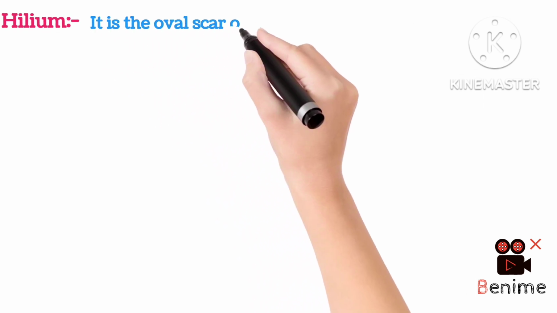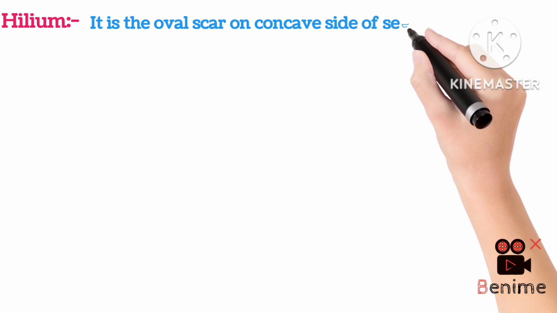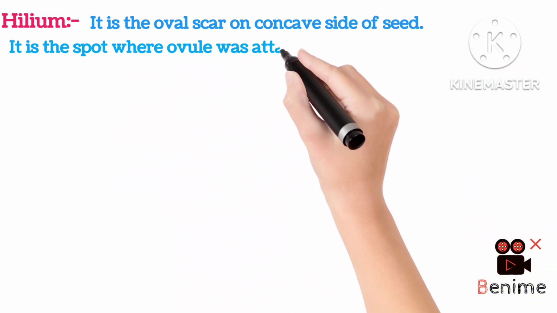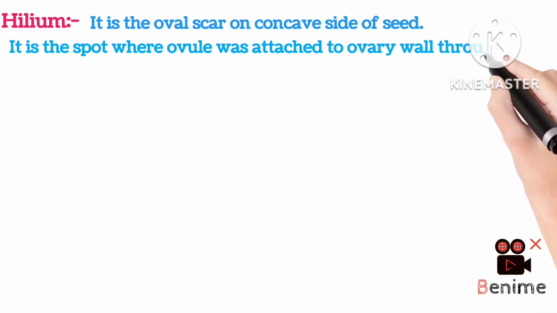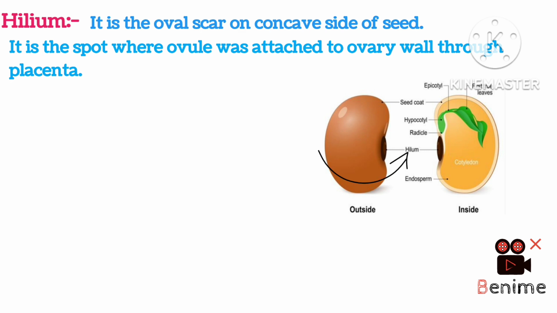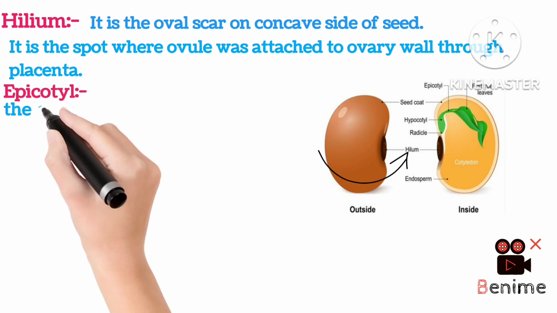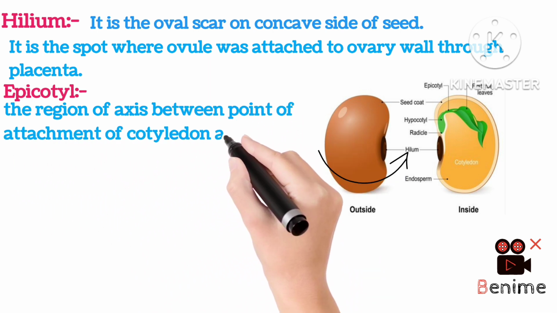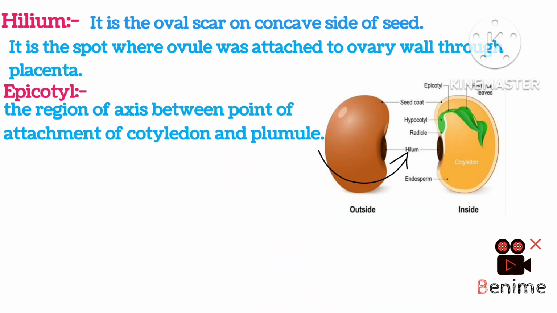Hilum. It is the oval scar on the concave side of the seed. It is the spot where ovule was attached to the ovary wall through placenta. You can see in the picture hilum. Epicotyl, the region of axis between the point of attachment of cotyledon and plumule.